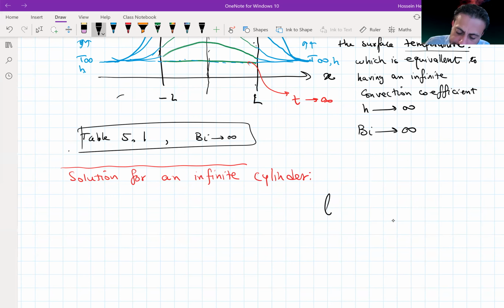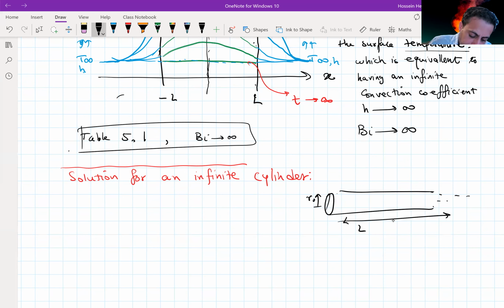Generally speaking, let's say we have a long cylinder here, and it has a radius of r0 and length of L. When L over r0 is greater than 10, we call it an infinite cylinder. I'm going to write it with convection.